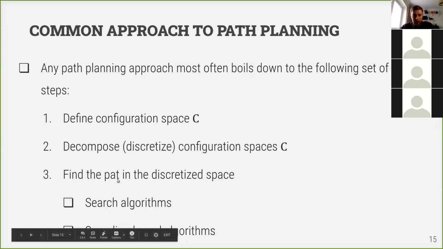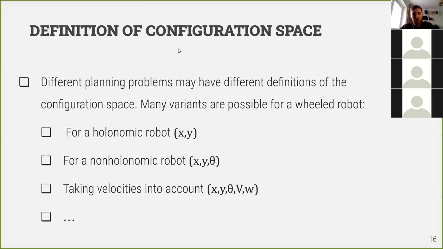So let's consider all three of these steps. And first one is defining our configuration space. So definition, as we said, different planning problems may have different definitions of configuration space. Even for wheeled robots, which we are discussing mostly, there are many options.